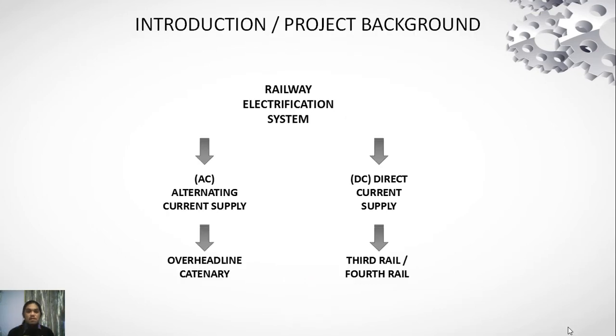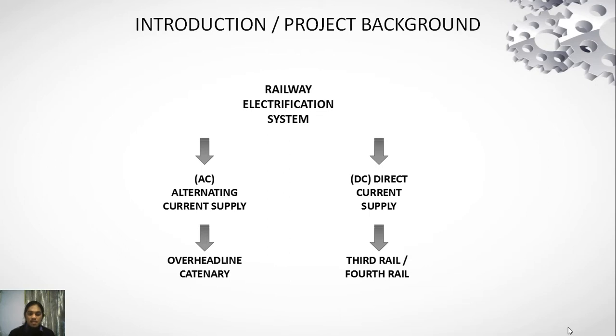For my project background, first, what is a railway electrification system? The railway electrification system is a crucial component of the transportation network in large metropolitan areas. It can supply AC or DC.